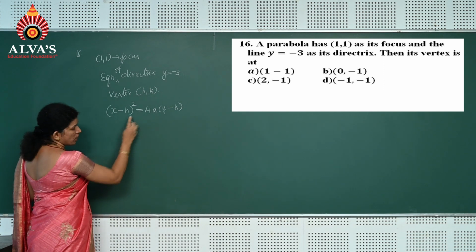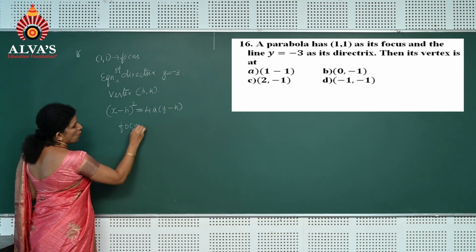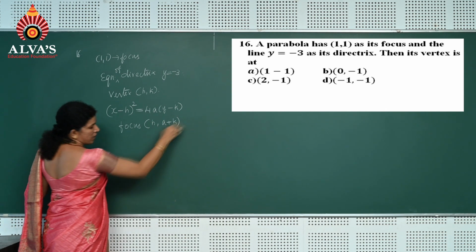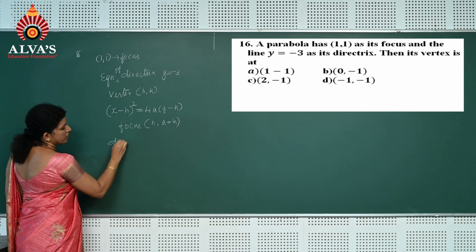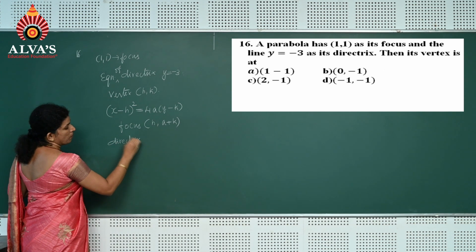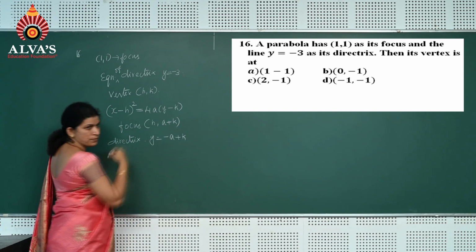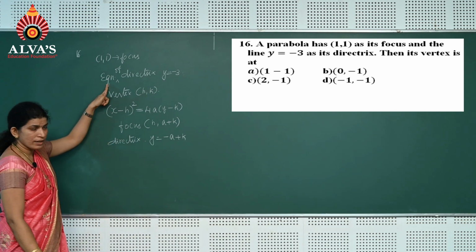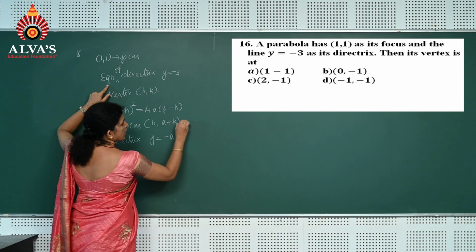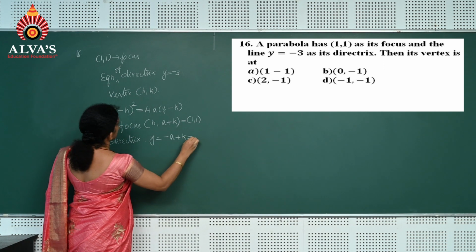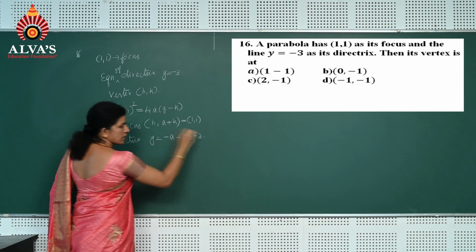If such an equation is given, we know the focus is (h, a plus k) and the directrix is y equal to minus a plus k. In this question both are given. Focus is (1, 1). Directrix is y equal to minus 3.